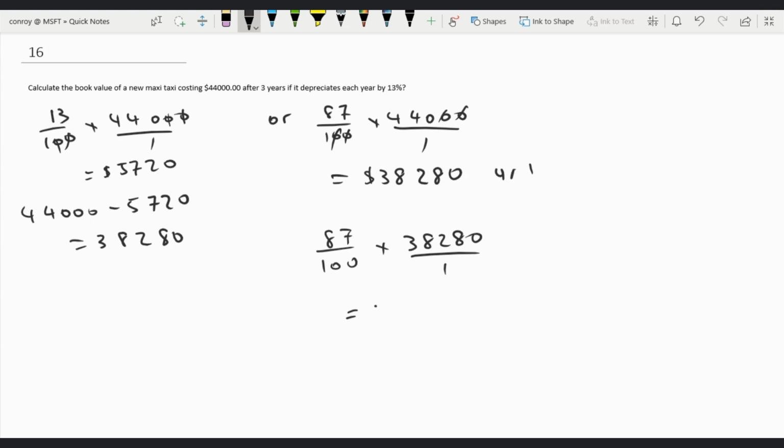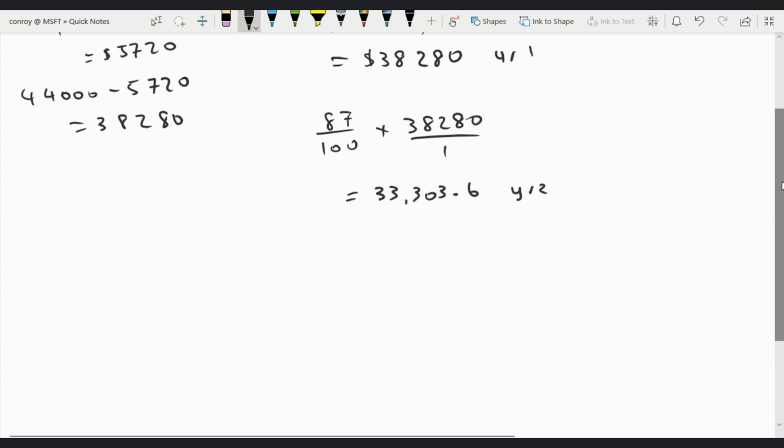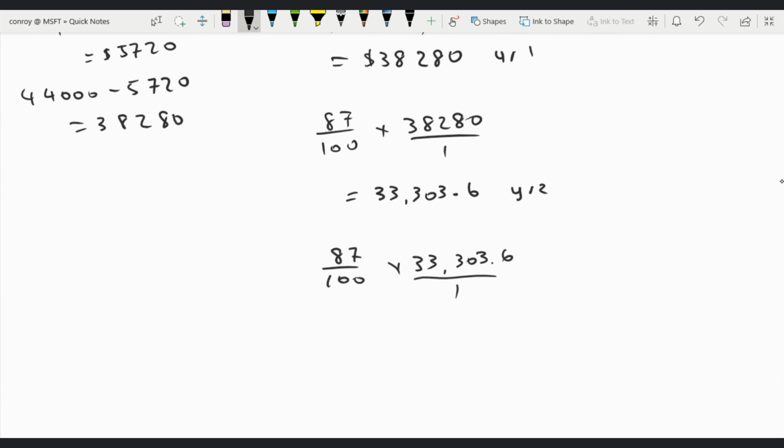We will be getting 33,303.6 for year two. So 87 over 100 times 33,303.6 over 1.